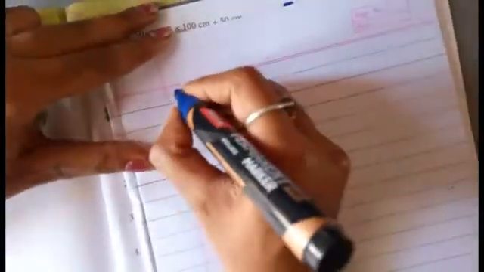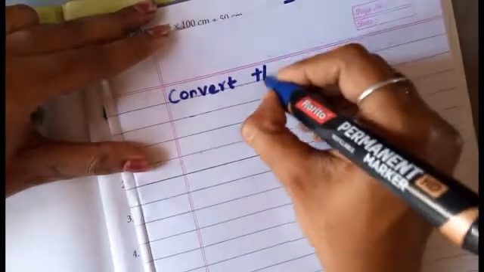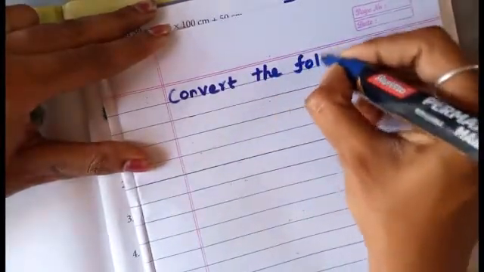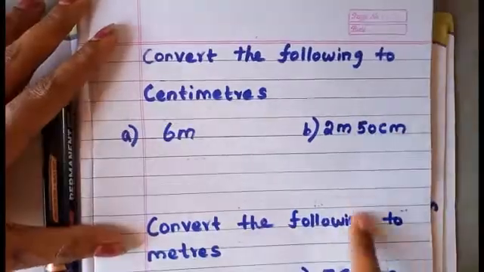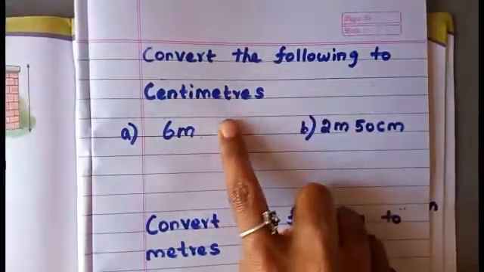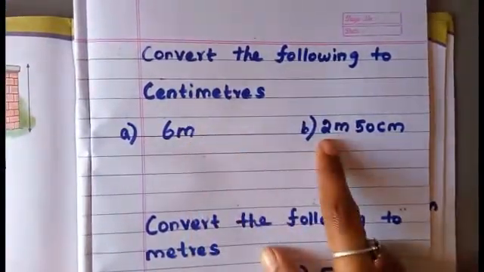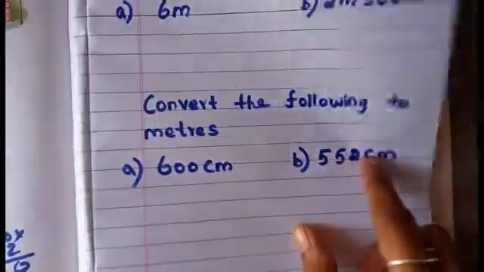Just copy it. Okay. So first see here, convert the following, from this you have to do the homework. Convert the following to centimeters, that is 6 meter and 2 meter 50 centimeter. Then convert the following to meters, 600 centimeter and 552 centimeter.